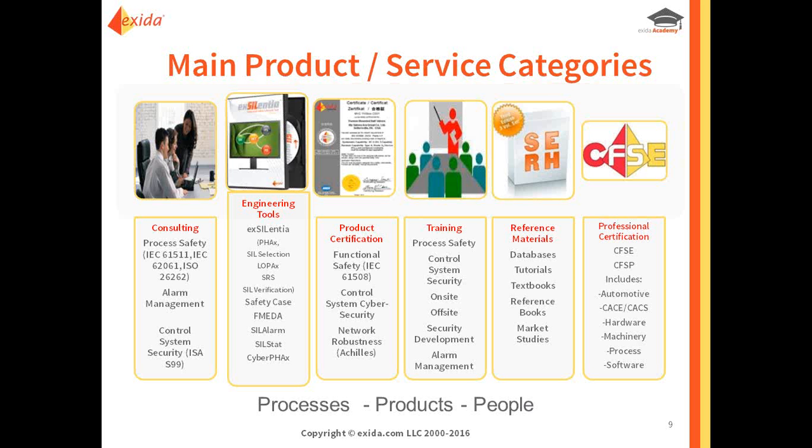We have training. Basically, we have one training somewhere in the world at least once a week, as you know, about the reference material. And then, of course, we have our professional certification for personnel competency, which is the CFSE program, which also contains many different specialties such as automotive, cybersecurity, hardware, software, process, and machinery.